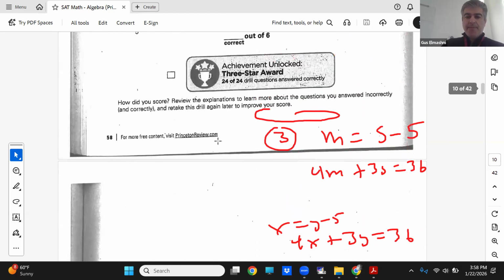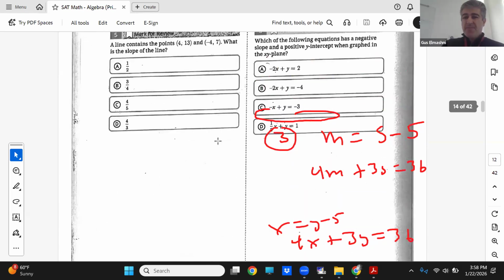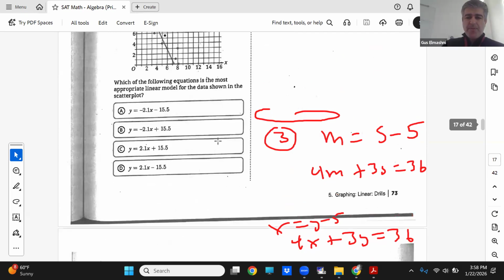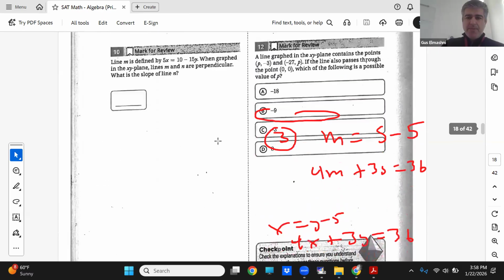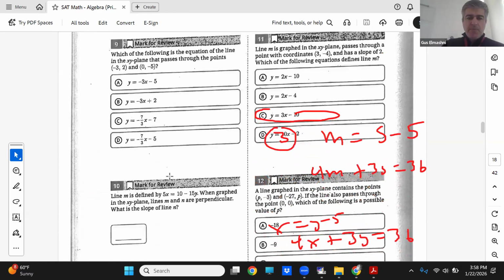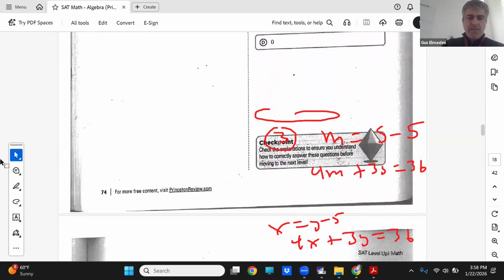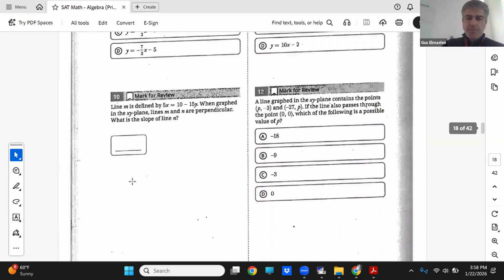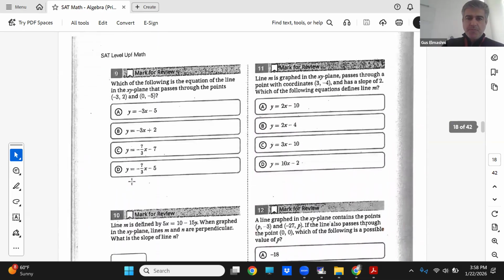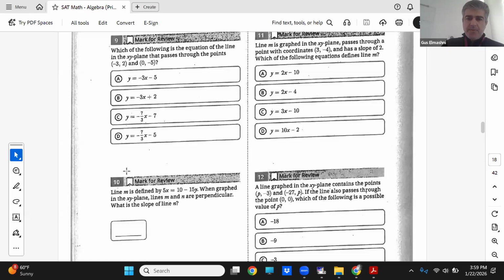Moving on to the next topic, graphing, see if there's anything that's worthwhile to talk about before we move on to a new packet. Let's look at the last few questions on page 74. What's a good one to look at here?